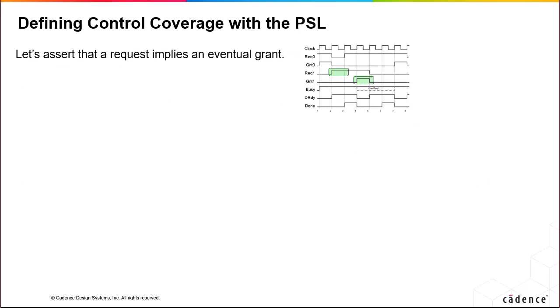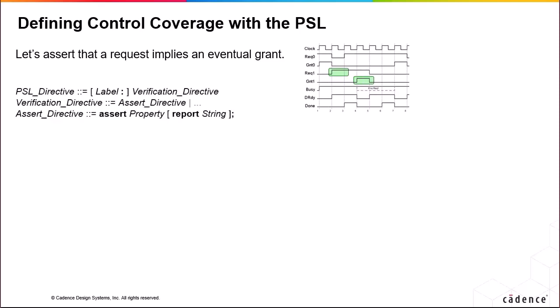Let's assert that a request implies an eventual grant. A property specification language directive is an optionally labeled verification directive. Among the defined verification directives is the assert directive.